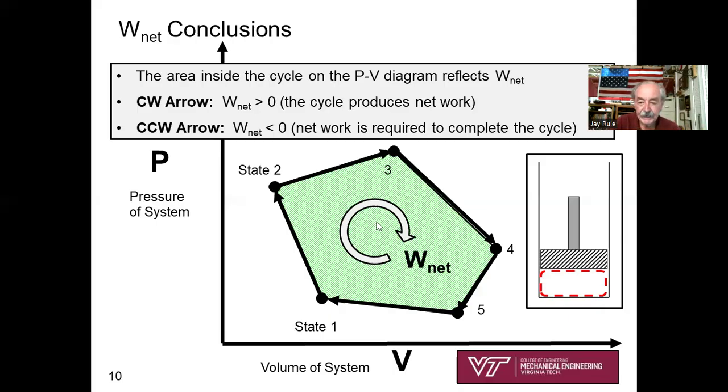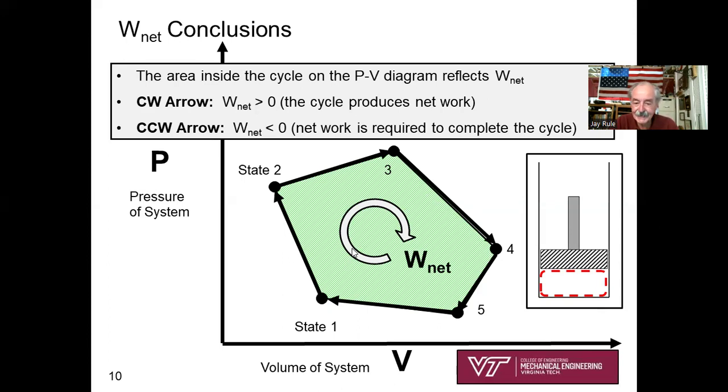Now, if we had gone the other way, if I had come up with a different cycle and said I'm going to describe it as going 1, 5, 4, 3, 2, 1, I'd go the other way, right?